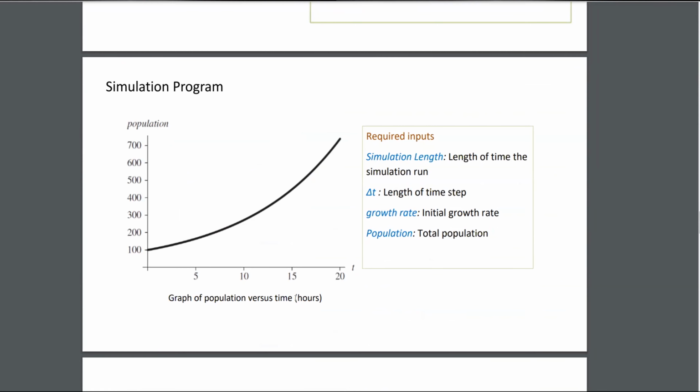I'm running this program for 20 hours to see how much total bacterial population I have. You can see the growth. It's an interesting growth like this, and after the time step of 20 hours, you will have this graph.